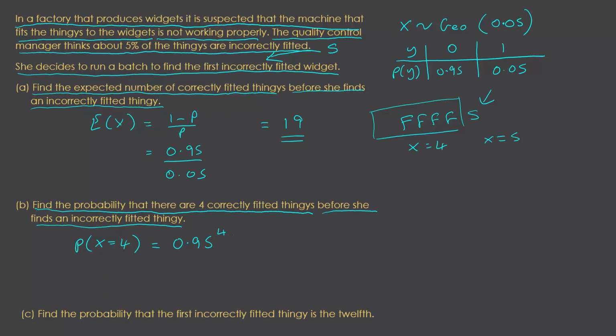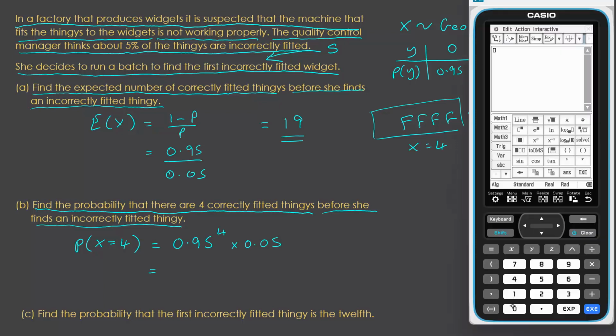Those are our 4 failures. And then we follow that off with a success. And so we just need to calculate that. And so we get 0.95 to the power 4 times 0.05.